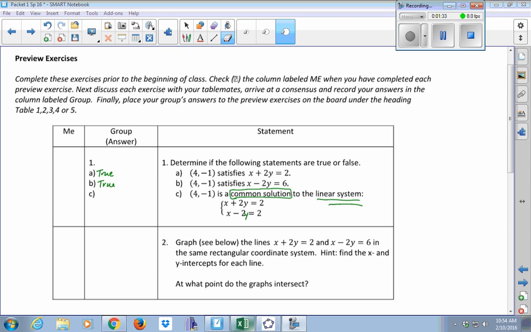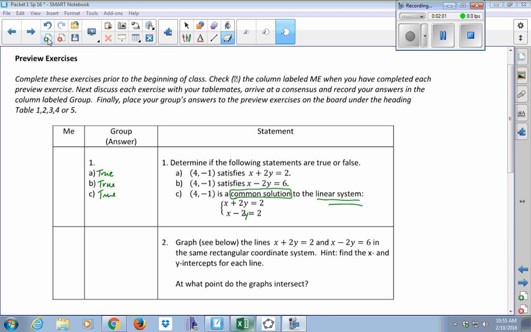So the question is, does this point satisfy this linear system? And we say yes, because we know that (4, -1) makes the first equation true, and it makes the second equation true. So it does satisfy all three of these, whether we look at each equation individually or at the system. All right, so now it says graph each of these lines.